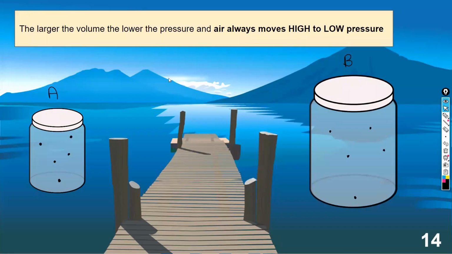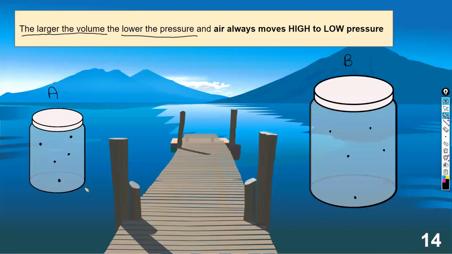Right, and the correct answers are, well, only one person got it wrong. The larger the volume, let's read this note. The larger the volume, the lower the pressure. What some people are doing is associating larger containers with larger pressure, but it's actually the opposite.